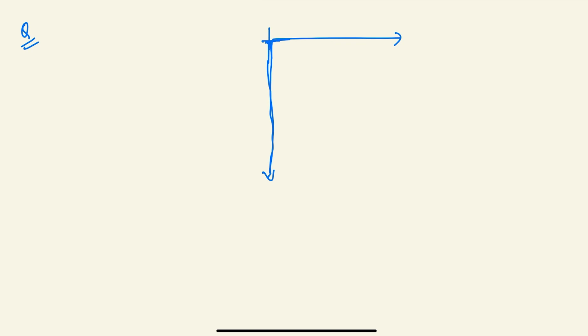This is my x-axis, this is my y-axis, this is my origin. Now suppose I have a penguin. I'll just make a penguin.